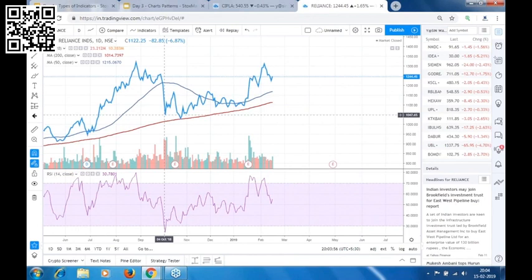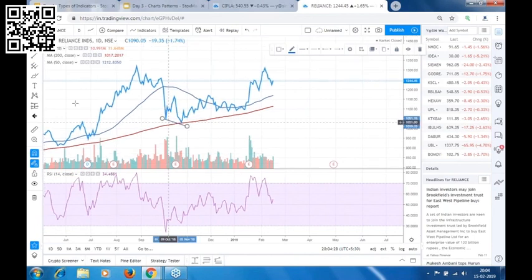Whereas if it is moving along with the price, then it should also make a lower low. See, prices are making lower lows, but RSI is making a higher low. Now this is a bullish divergence.